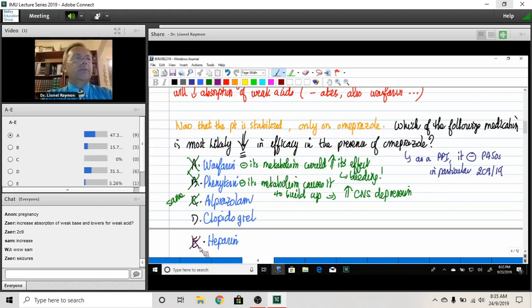It cannot be heparin. One of us wanted heparin. That's an anticoagulant. This is not metabolized by P450s. Anyone know how heparin is metabolized? It's quite interesting.